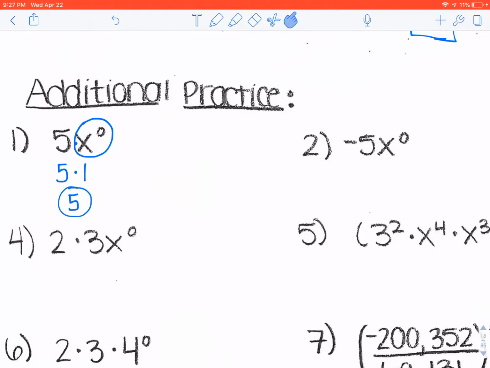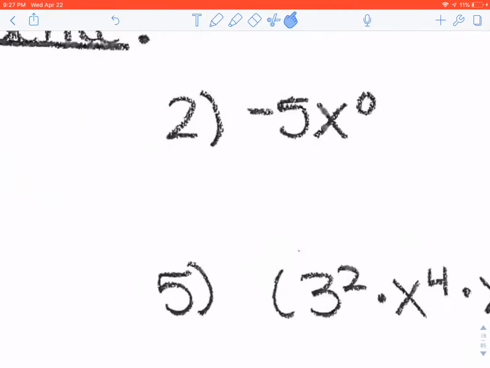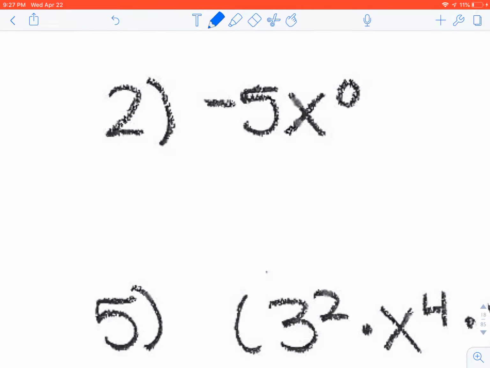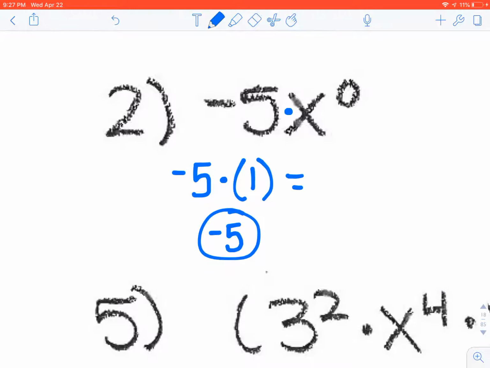Number 2, negative 5x to the 0. Again, there's an imaginary multiplication symbol in the middle. So it's negative 5 times, that x to the 0 turns to 1. So negative 5 times 1 is negative 5.